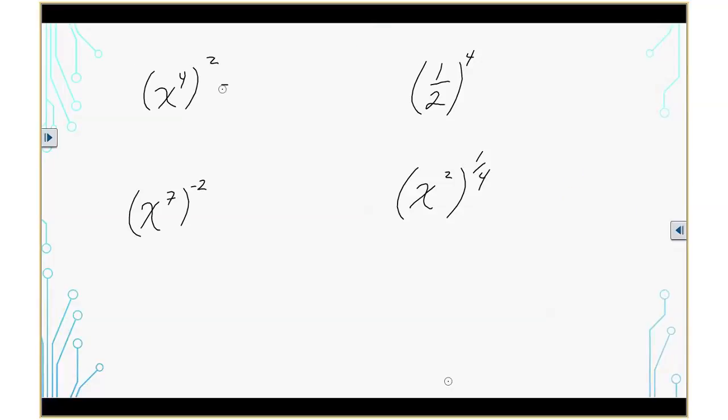X to the 8th. What's negative 2 times 7? Negative 14. Now this one, this 1 is raised to the first power, and this 2 is raised to the first power. So what is my answer? 1 to the 4th over what? 2 to the 4th.